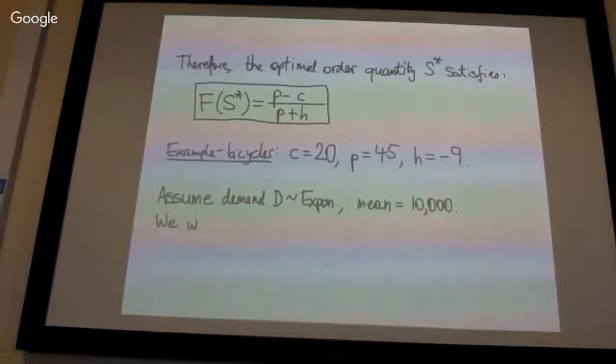So what we're looking for is how much to order, the optimal order quantity, which needs to satisfy the formula.